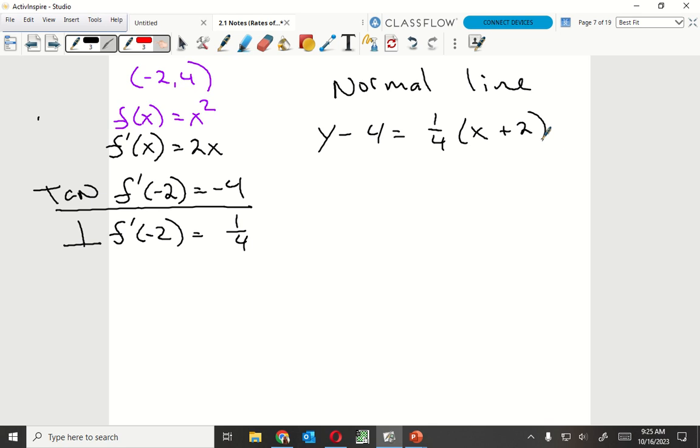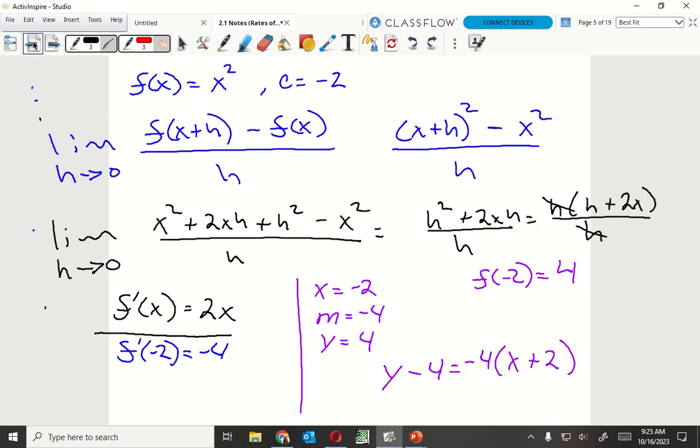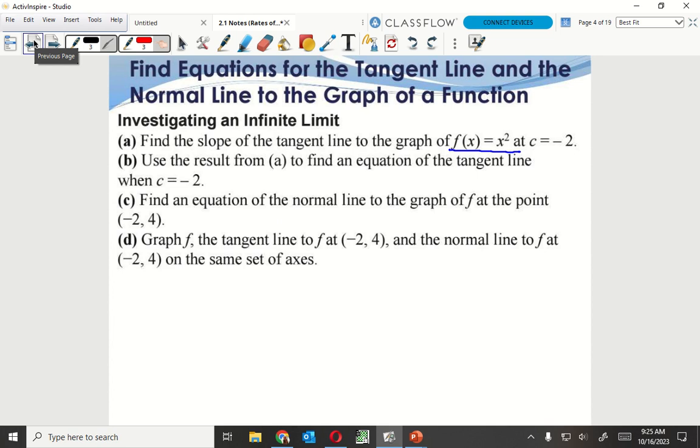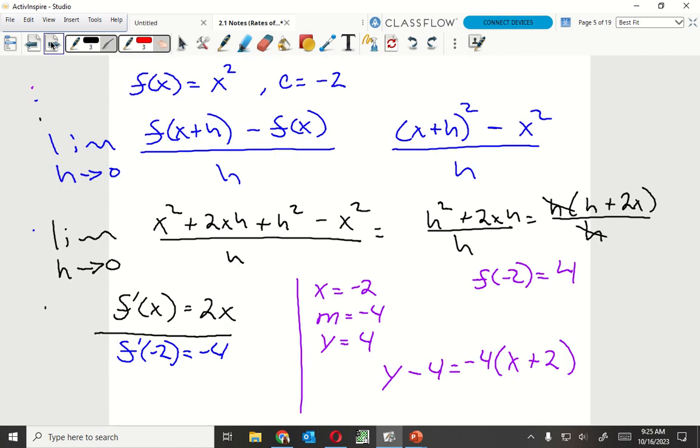Yes, no, maybe? Again, this is a lot of information for each one of these, but I want to go in detail as much as I can. So graph the function. Oh, hey, look, we already did that earlier. So you graph the function, the tangent line, and the normal line on the same set of axes.